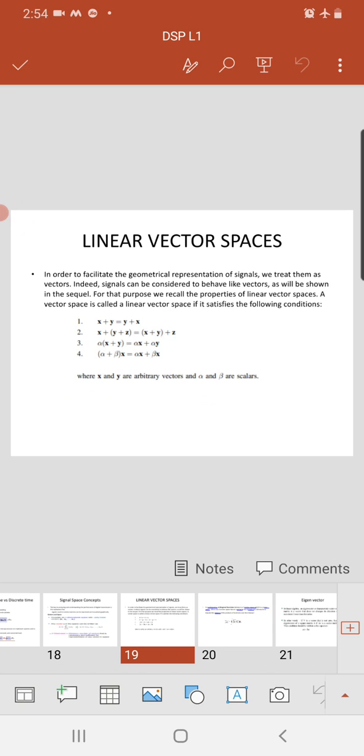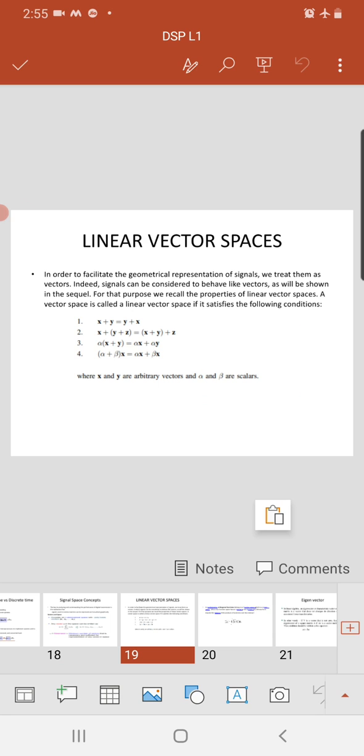A vector space is called a linear vector space if it satisfies the following conditions. The first condition is x plus y is equal to y plus x. The second condition is (x plus y) plus z is equal to x plus (y plus z). The third condition is alpha times (x plus y) is equal to alpha x plus alpha y.